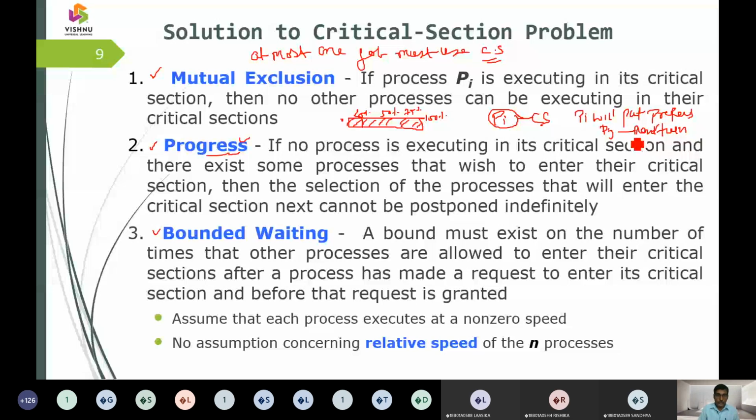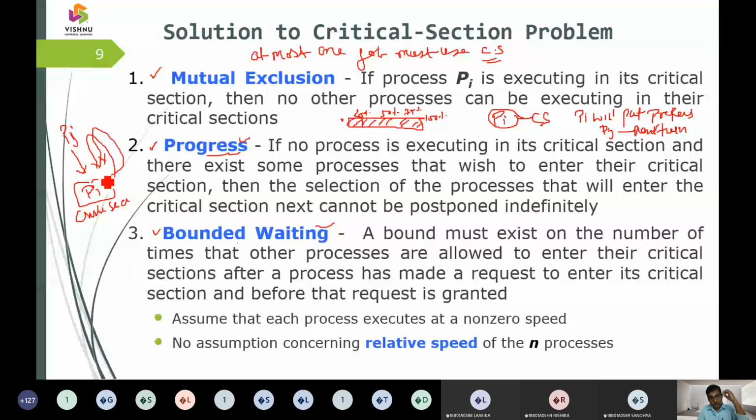Next, we are going to say the third concept is bounded waiting. What does bounded waiting do? Pi is going to be in the critical section, and Pj will come here and wait, still Pj is not exiting. Again Pj will come, again Pj reiterates the process.